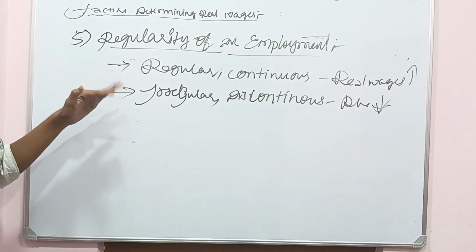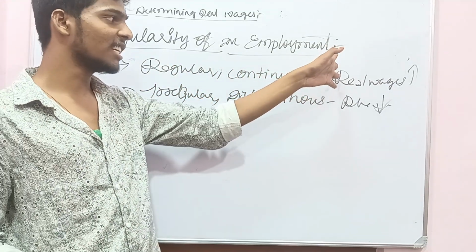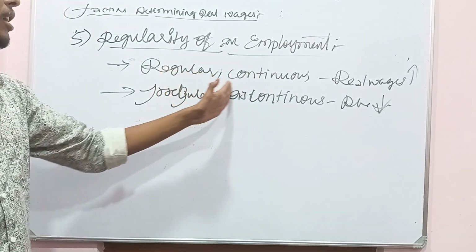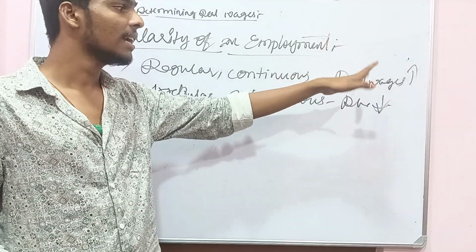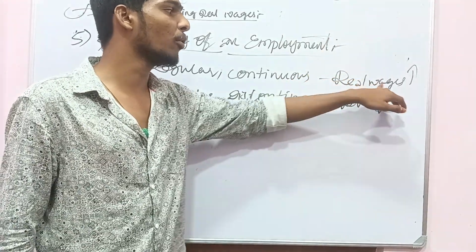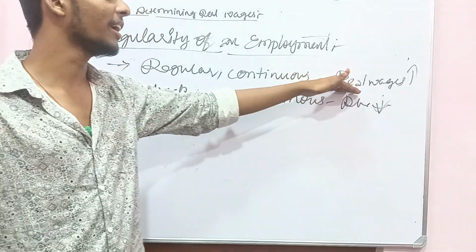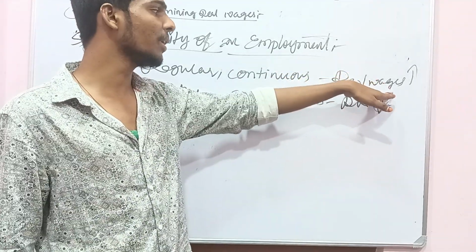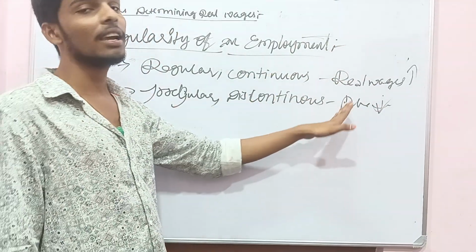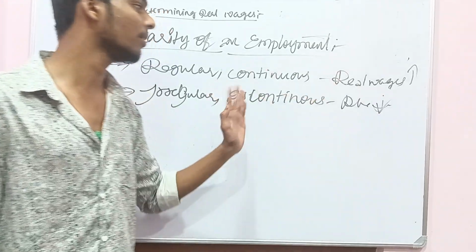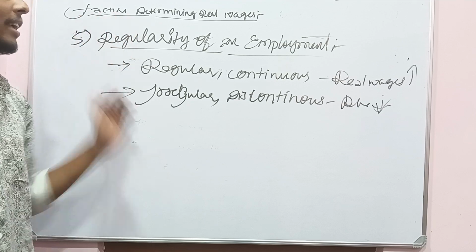Whereas if the worker works continuously and is regular to the organization or management, the management can tend to provide a higher salary and real wages, such as free bus, lunch, and other facilities, which leads to an increase in the real wages. If the worker is irregular or discontinuous, it leads to a decrease in the real income, real wage of an employee. These are the five determinants of real wages.